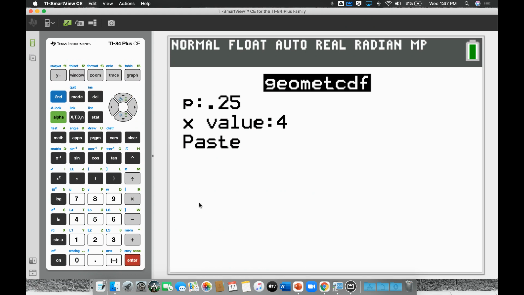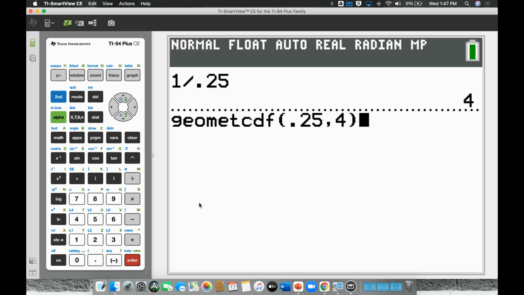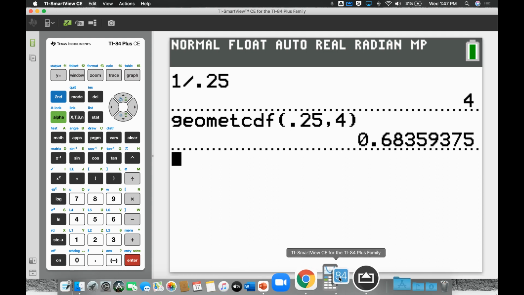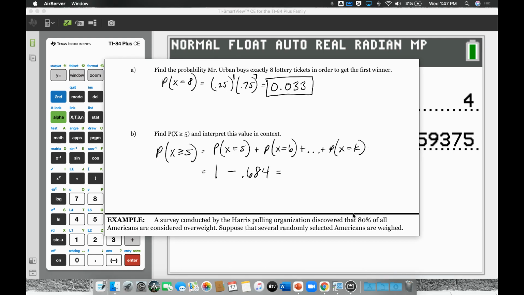Actually, it's the exact same input as the last one. 25% success, 4, because we want 5 going on, right? So 1 minus that. 0.316.